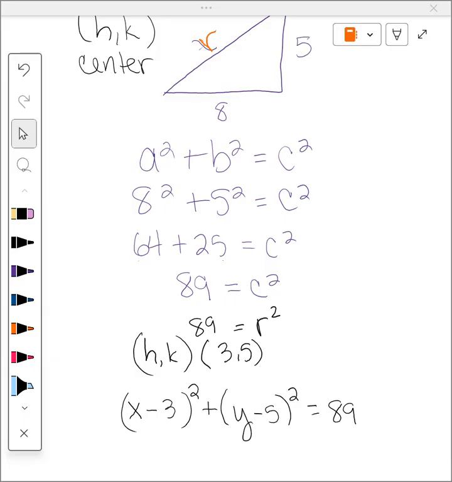Got it? Well, write the equation for the circle. It's x minus 2, the quantity squared, plus y minus 3, the quantity squared, equals 89. Submit.